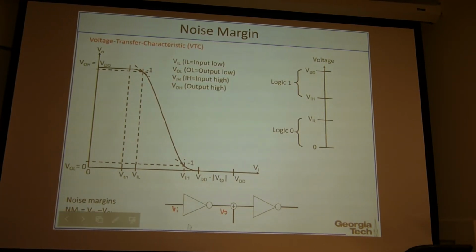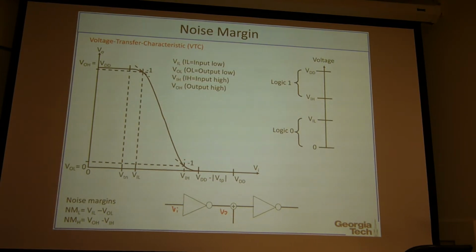So what is the voltage relationship between VI and VO? It's something like this. If the input is small, let's say 0, then your output will be VDD. But as you sweep the input voltage from 0 to VDD, your output voltage will drop from VDD to 0. So this is like an inverter.